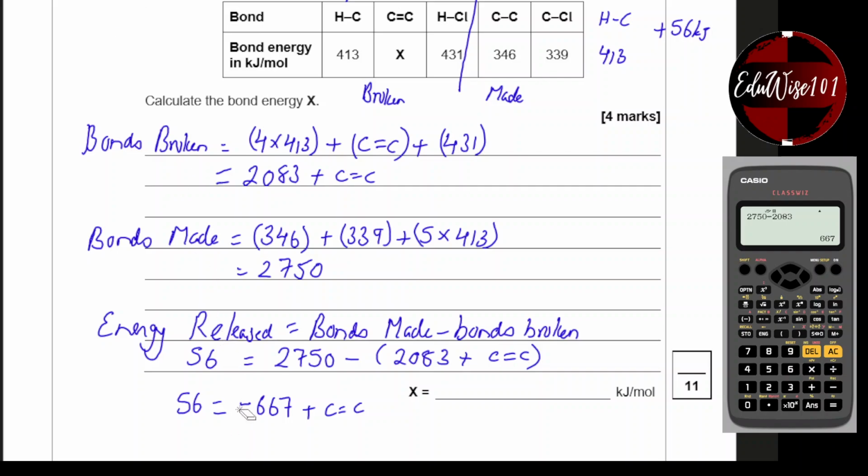That is going to be 56 equals 2750 minus 2083 gives me 667 minus the carbon double bond here. So the carbon double bond will be 667 minus 56. That gives me 611 joules.